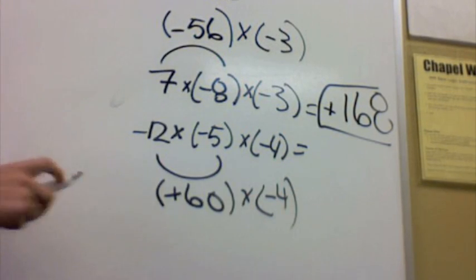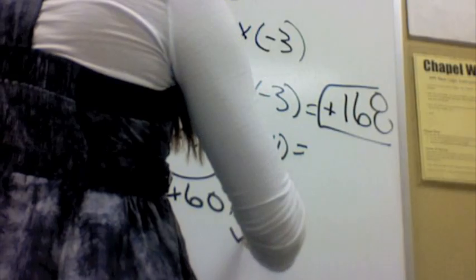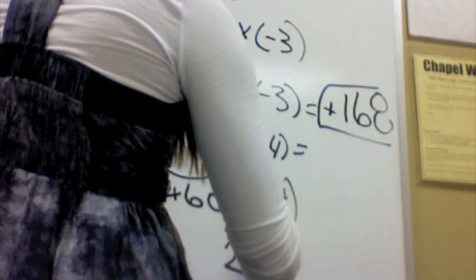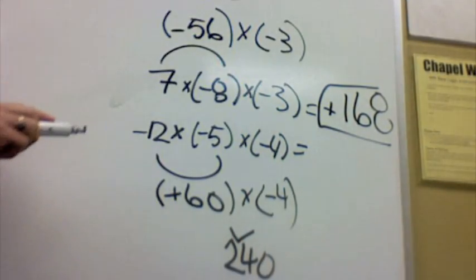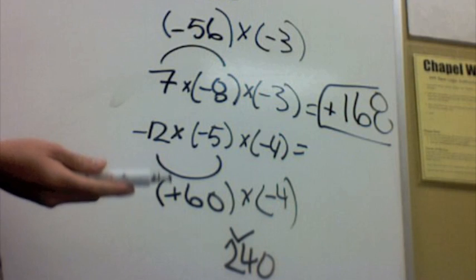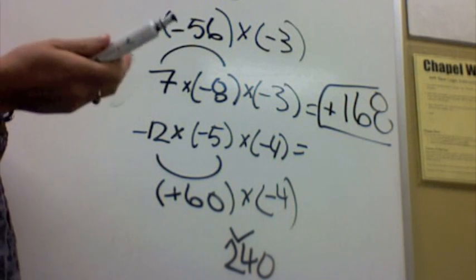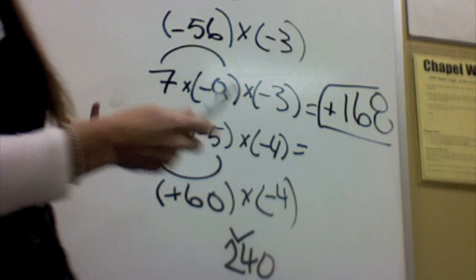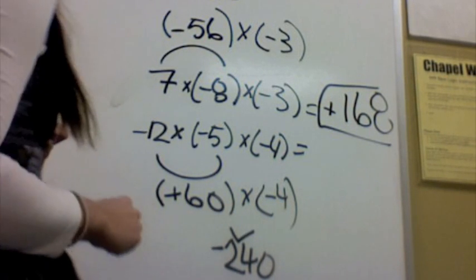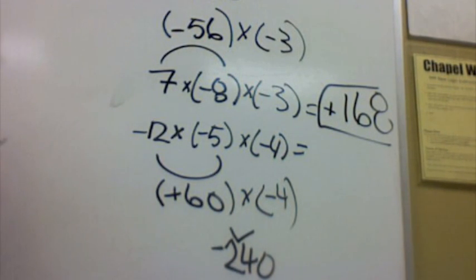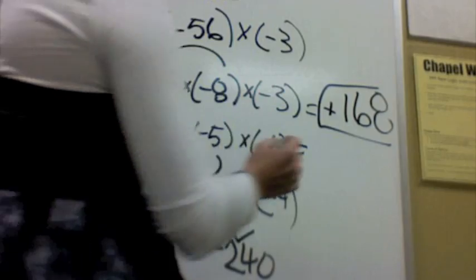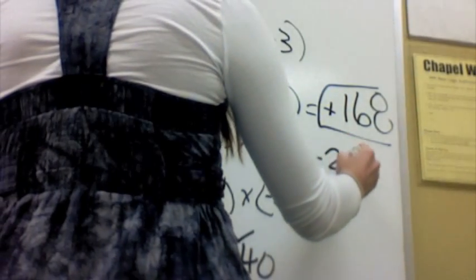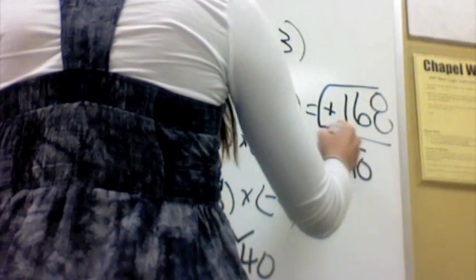I know that 60 times 4 will give us 240. And I also know that the rule of thumb is a negative number times a positive number gives us a negative answer. So positive 60 times -4 gives us an answer of -240.